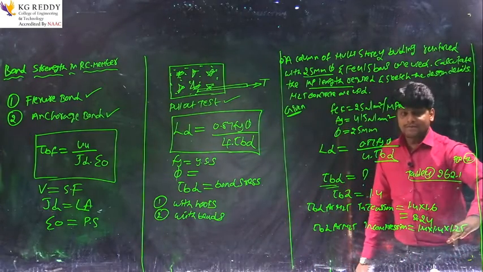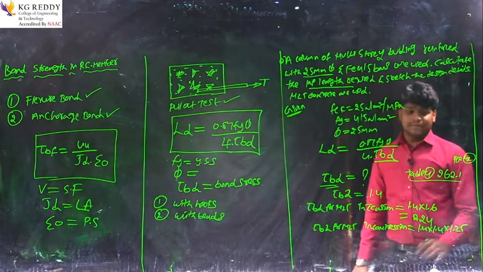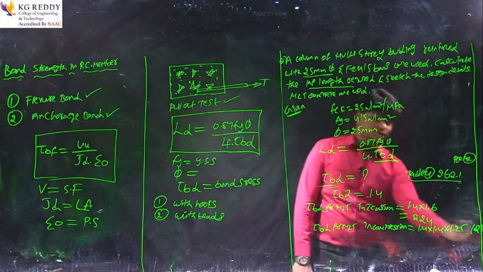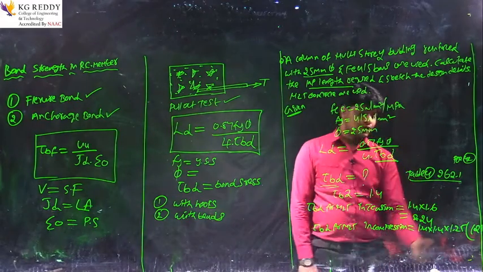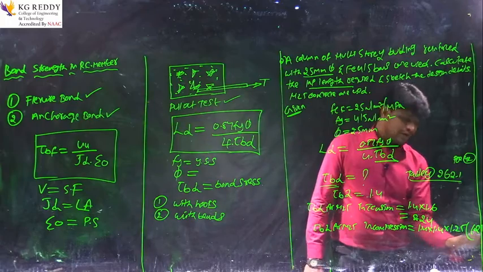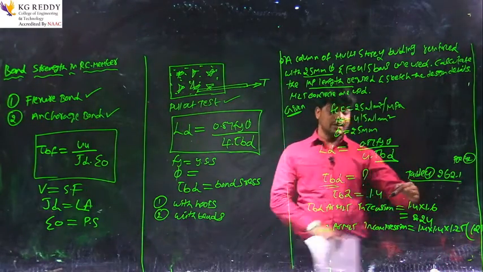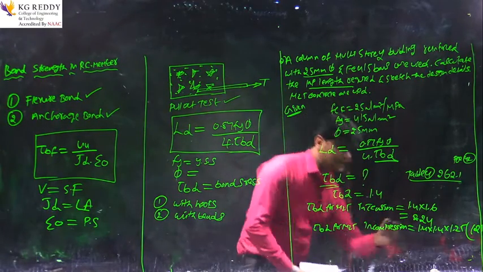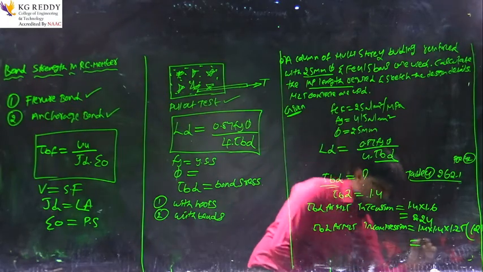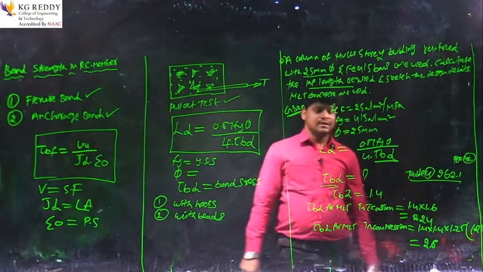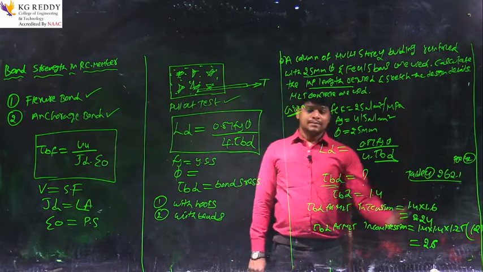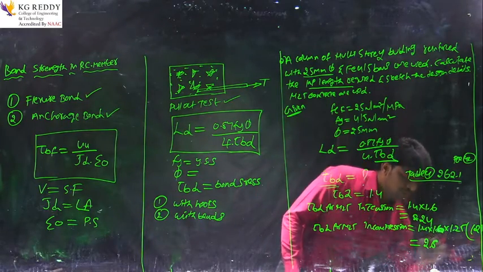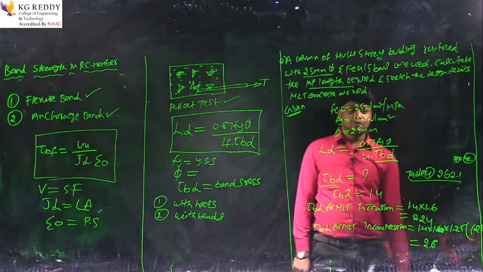The bond value in compression is more than in tension, increasing by 25%. So 100% is 1, and for 25% more it is 1.25. Now the total value, 1.4 into 1.6 into 1.25, I am getting 2.8. Please check it.